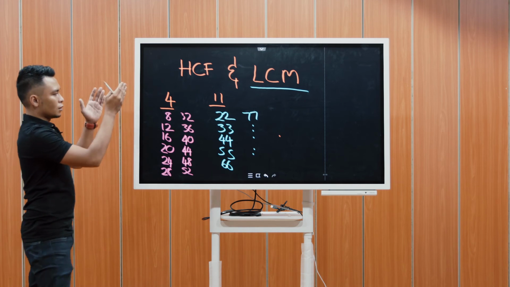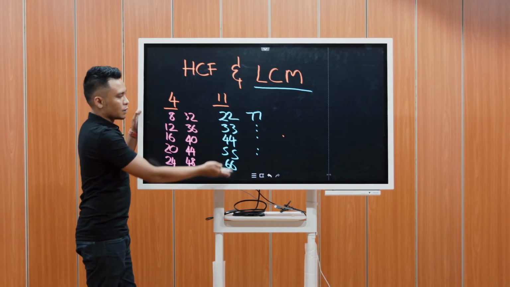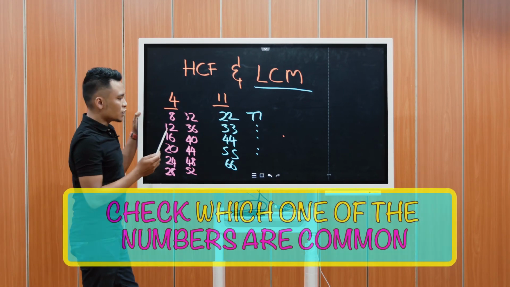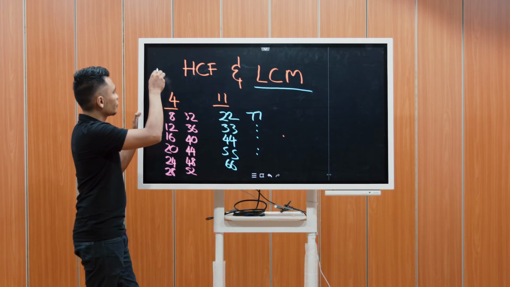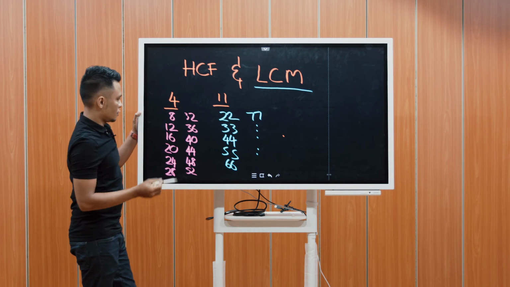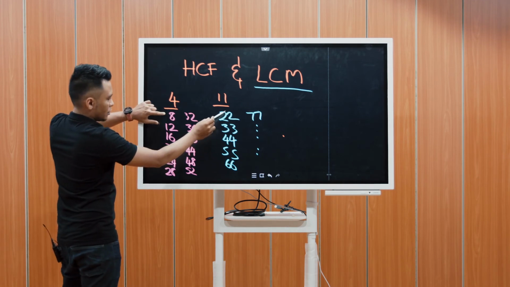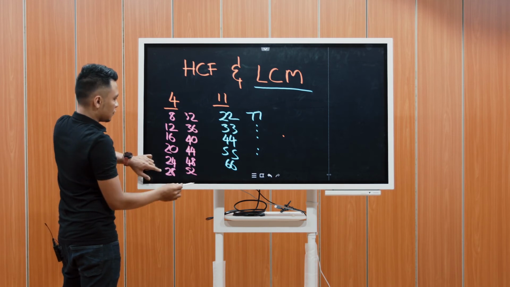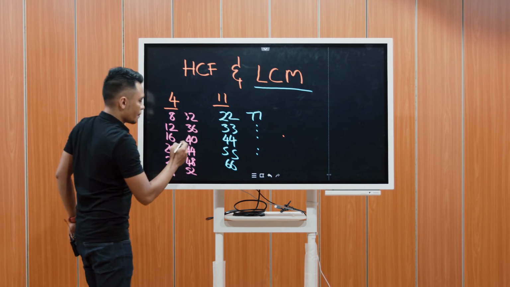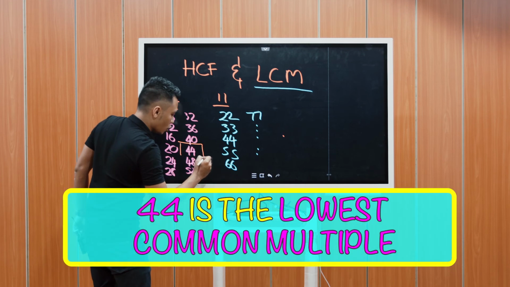So when you have listed down all the multiples, you check which one of these numbers is common. So you see, 8, is there an 8? There's no 8. How about 22? There's no 22. 24, there isn't 24. 44, see? 44 is the lowest common multiple.